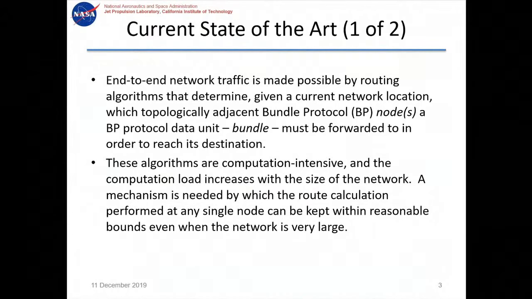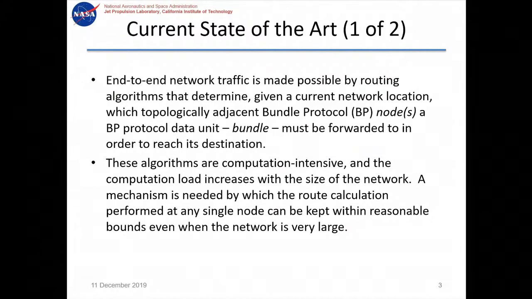For spaceflight operations and for other environments in which we do know something about the topology, maybe and almost always a four-dimensional topology, that is, we know when there are going to be opportunities to transmit and when those opportunities will stop, for that sort of environment, we've been using for many years something called contact graph routing that charts paths through this four-dimensional contact topology, and that works well, but it is computation intensive.